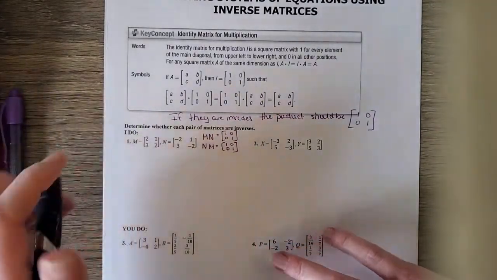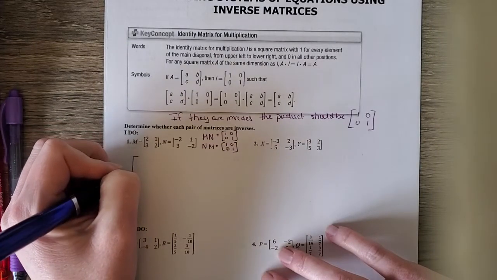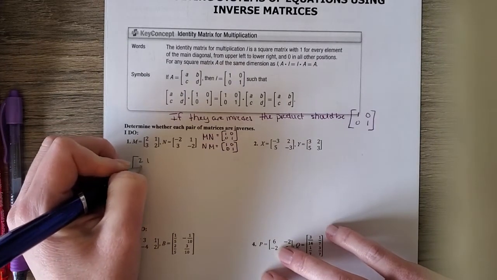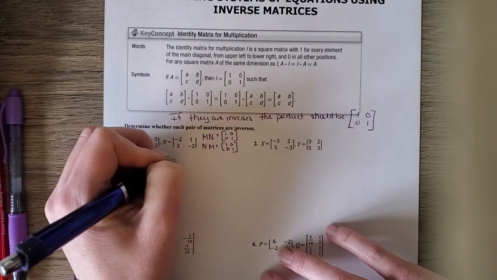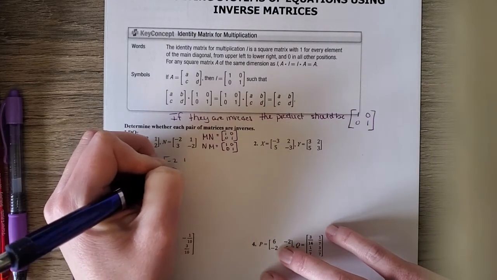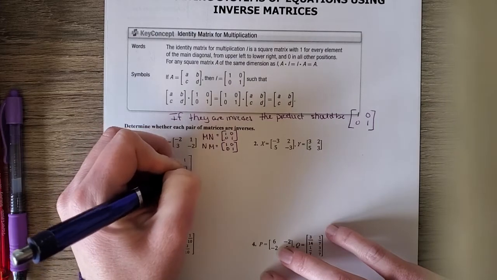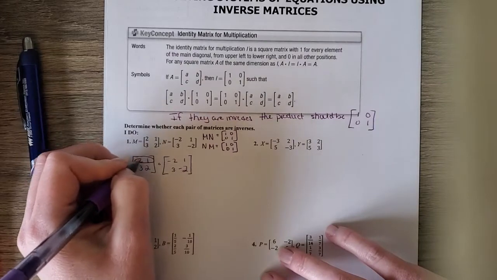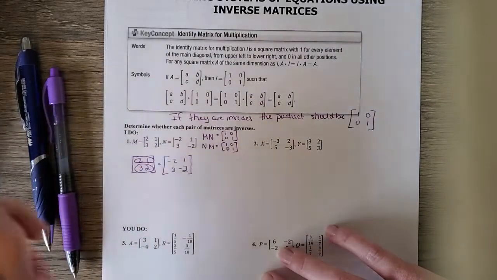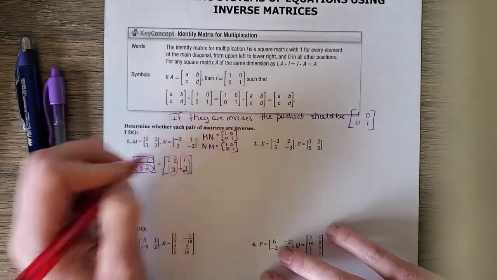To determine this, we're going to multiply, and I'm going to write this out again so that it's nice and neat down here. This is M times N, which is -2, 1, 3, -2. And remember from two lessons ago when multiplying matrices, I was color coding, we have our rows in the first one and our columns in the second.